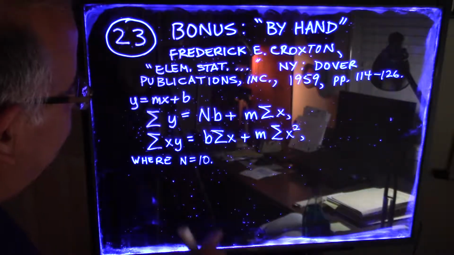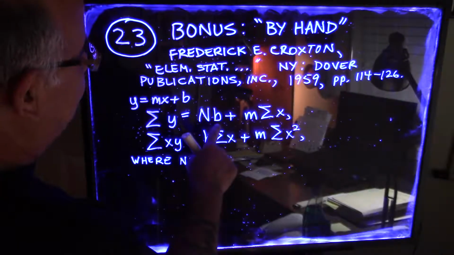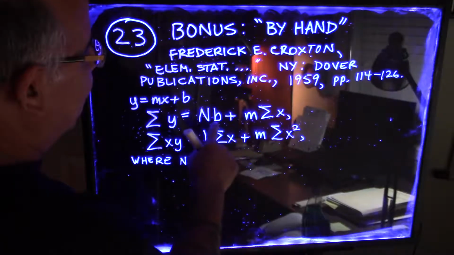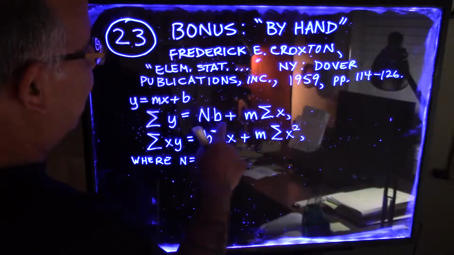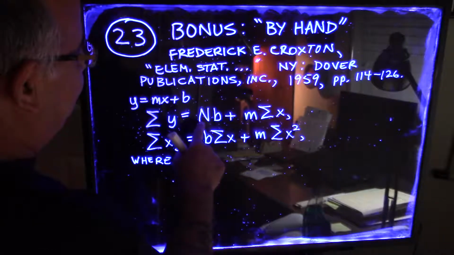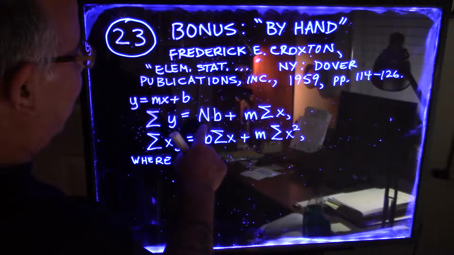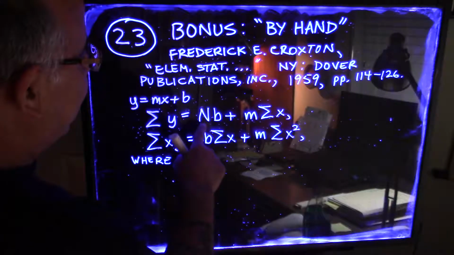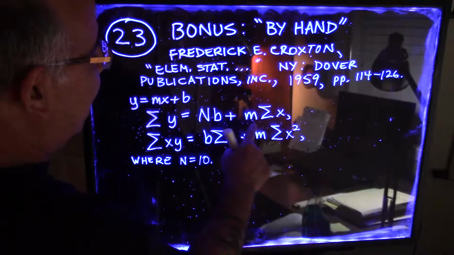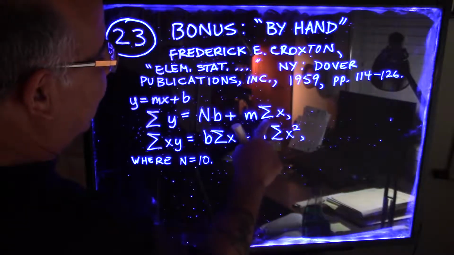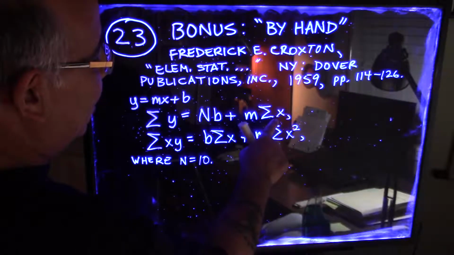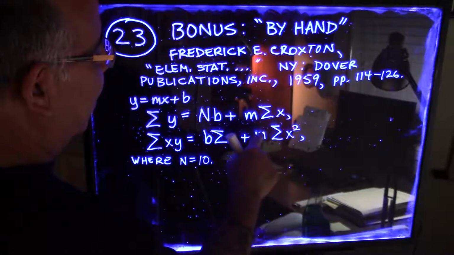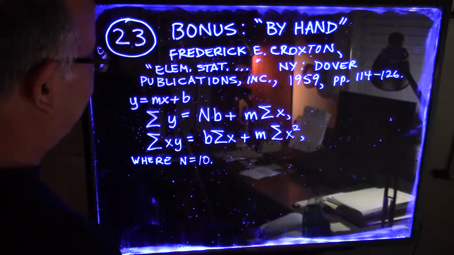Add all those up and you get the sum of the x, y values. All right. So up here we've got capital N times B. Now remember, B and M, lowercase b, lowercase m, are unknowns. All right. So capital N is 10. That's the number of data points. All right. So you write 10b plus m times the sum of the x's. All right. We already did those. We added up all the x values. So you would write that number, whatever that was, next to the m. Okay.